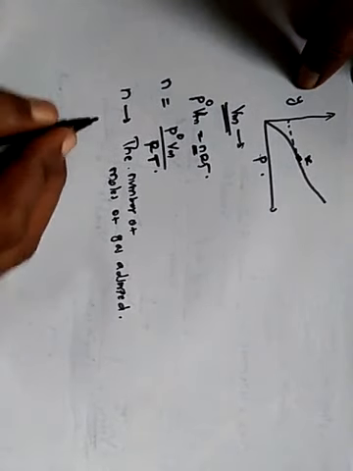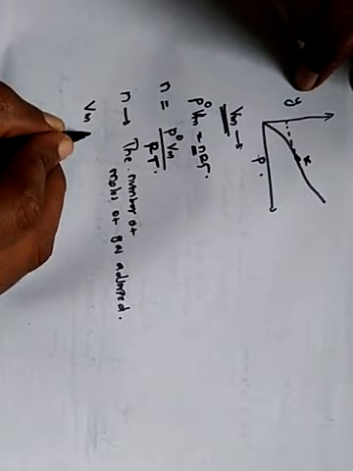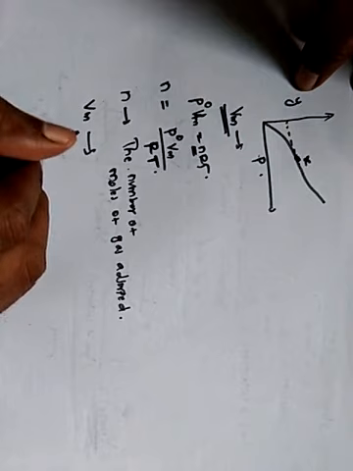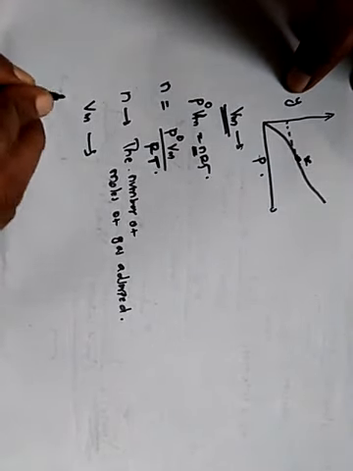And you know what Vm is? Vm is the volume of gas corresponding to this point, or the volume of gas that is required to form the monolayer.